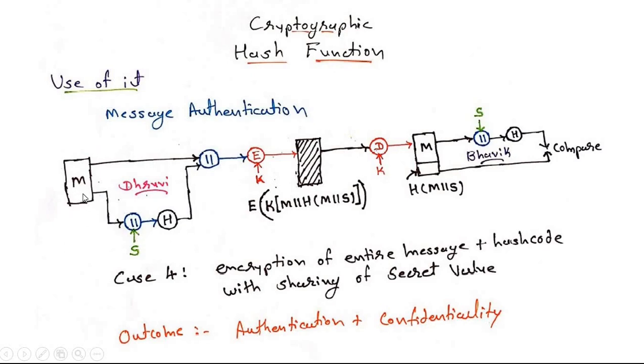So whatever the original message from the sender side, first the sender will append the secret key value to the original message. This appended data goes to the hash code, and after applying the hash code on this appended thing, the entire output as well as the original message will be appended again, and then the sender will put encryption on this entire thing.